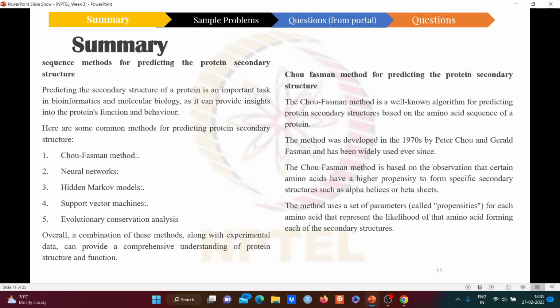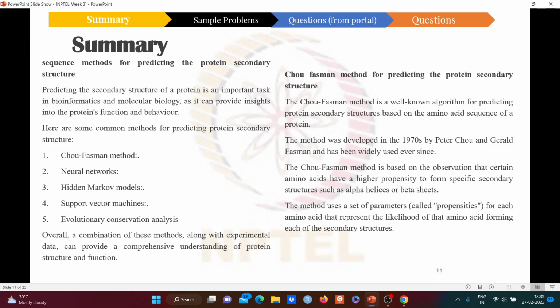This method assigns a score to each amino acid based on its propensity to form a particular secondary structure. For example, if we take alanine, there is a pre-calculated value using the existing structures, that is the propensity of alanine to be in alpha helix, propensity of alanine to be in beta sheet, and propensity of alanine to be in random coil. So these scores are then used to calculate a probability that the given residue is in a particular secondary structure.